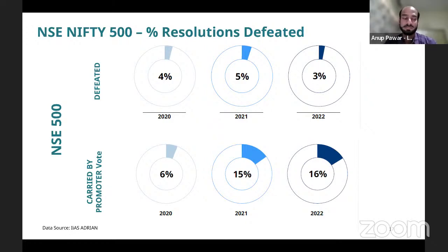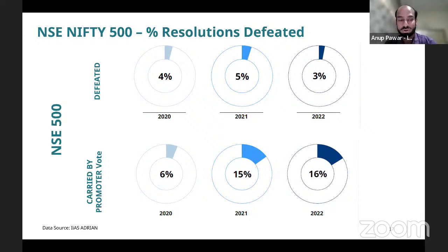Another reason, and that should be evident from the slide below, is because India is largely a promoter-driven kind of corporate environment. So around 2/3 of all the companies listed in India are promoter-held, right? In stark contrast to what is global. Globally, you will see a lot of institutionally held companies. India is kind of different.